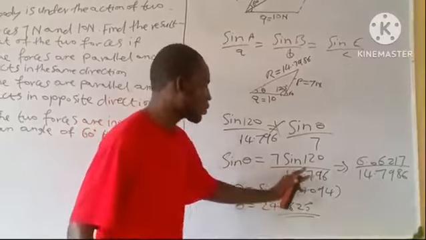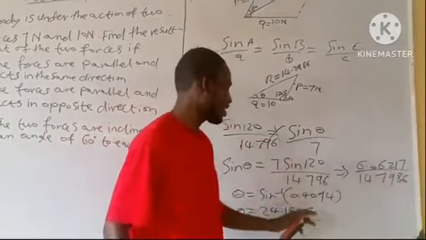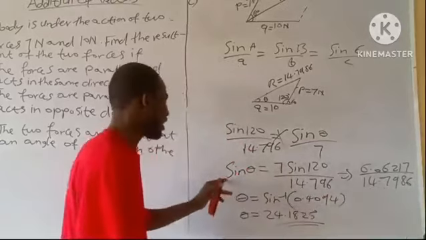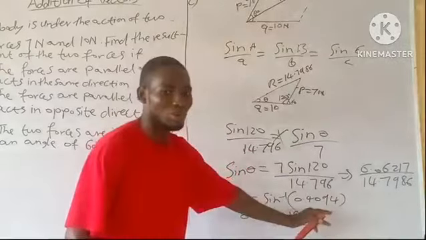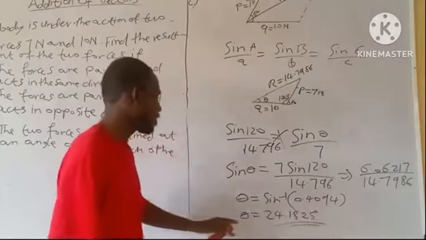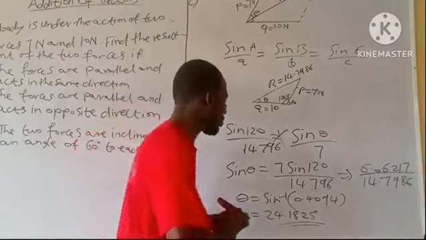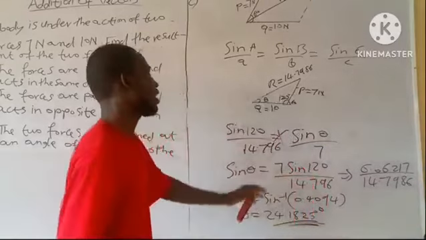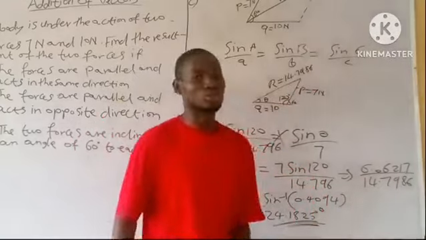When you press 7 times sine 120 on the calculator and divide by 14.796, you get 0.4094. Now you take this sine to the other side, so it changes to sine inverse. So theta is sine inverse of 0.4094, and that gives you 24.1825 degrees. This is the direction and this is the magnitude.